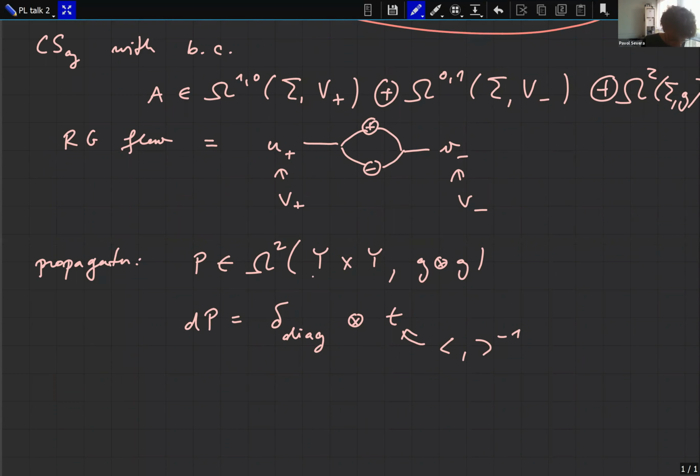For the usual Chern-Simons, say in R^3, one can just pick a very nice propagator and then everything simply converges. But here we need to observe these boundary conditions.